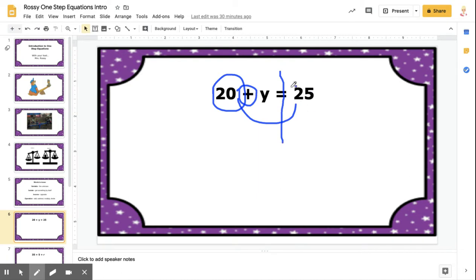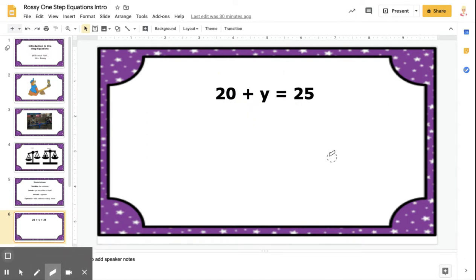Now when we bring it over to this side of our equal sign, what operation are we going to perform? We're going to subtract, okay? I'm going to take this stuff off. Sometimes it just gets to be too much, okay?